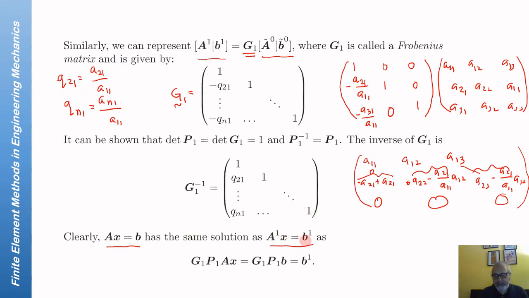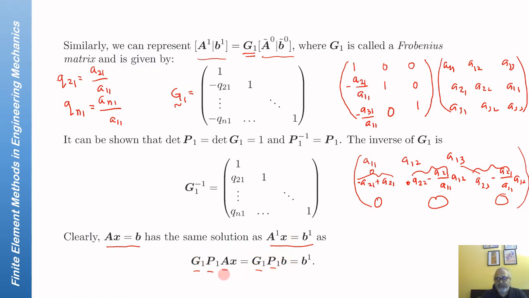So A1 x b1 is actually A multiplied by a permutation multiplied by a Frobenius matrix. So permutation followed by elimination gives you A1 from A. Similarly, permutation followed by elimination gives you B1 from B. And this is equal to your A1, and this is equal to your B1.